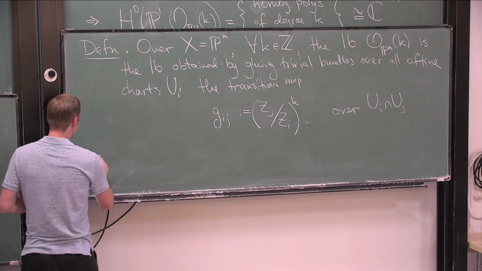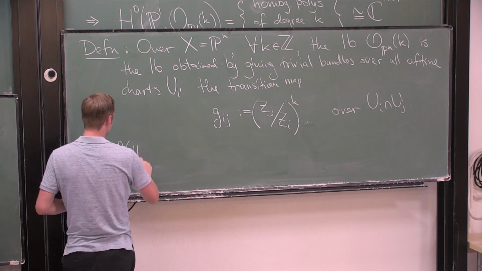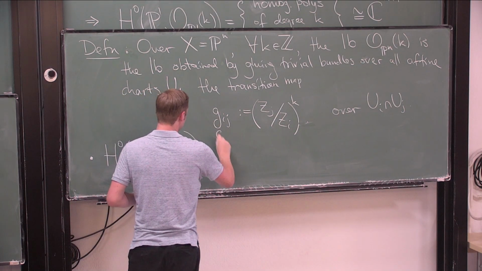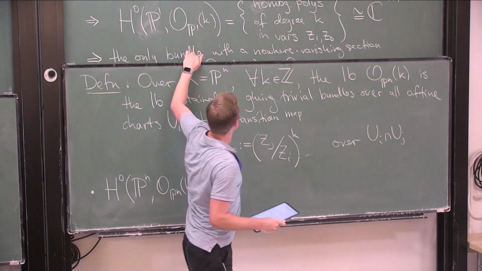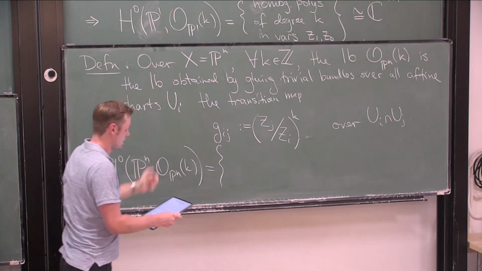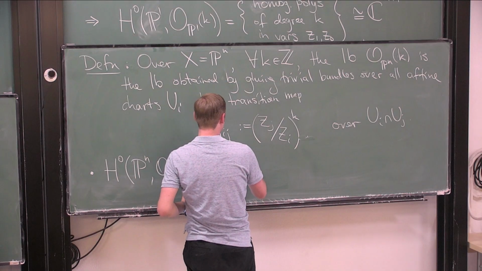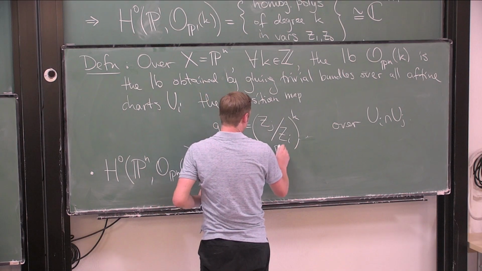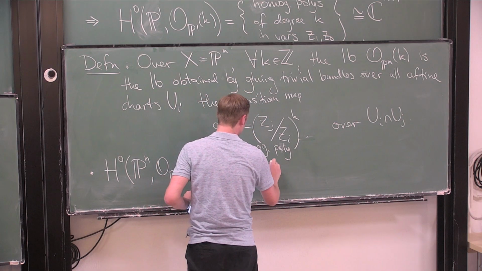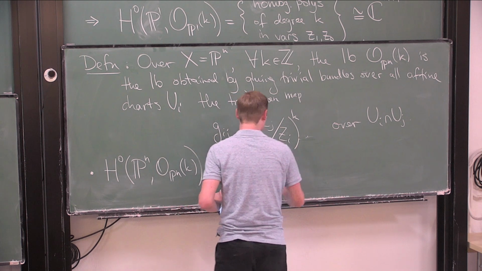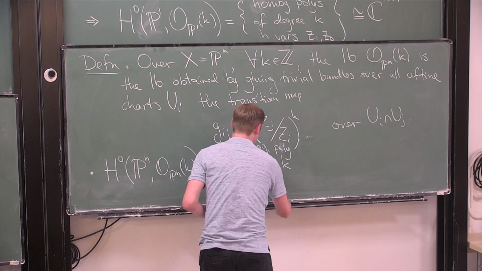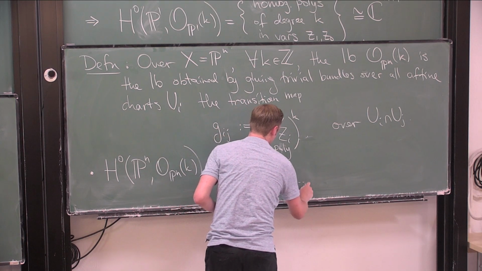And we also have a very similar conclusion. If I look at global sections of these O of k bundles, the reason I insisted on the word homogeneous here is that for general n, that's the only interpretation you can have. So you want homogeneous polynomials of degree k in the variables z0, z1, up to zn.